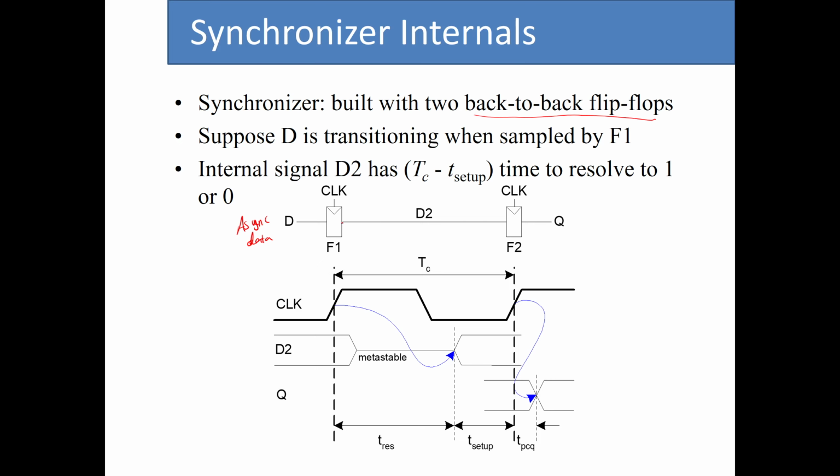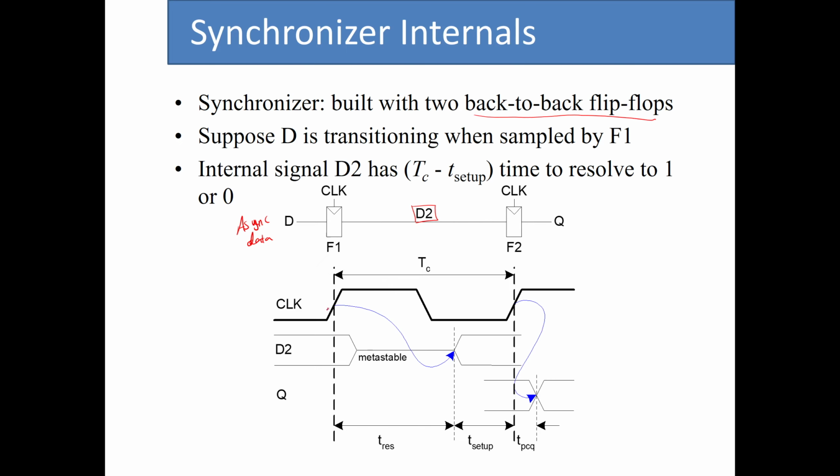The output of the first flip-flop is being fed to the input of the second flip-flop, and that creates the output Q of the synchronizer. So we have this internal signal that might be in a metastable state as a result of having an asynchronous data input.